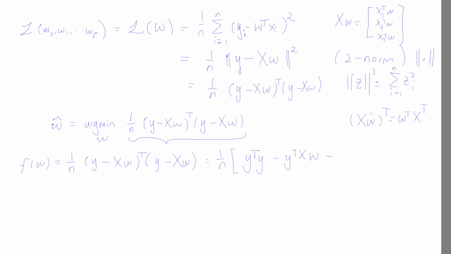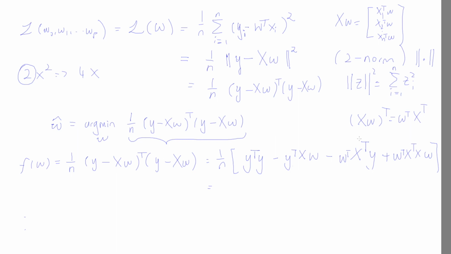You transpose each of the inside terms, then you switch the order. Finally, we do Xw transpose times Xw, and you get w transpose X transpose Xw.